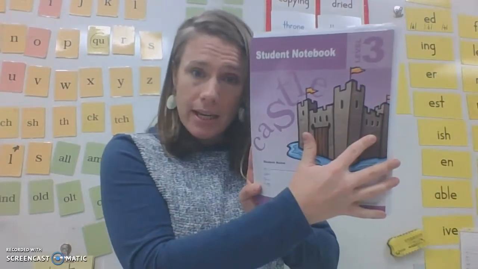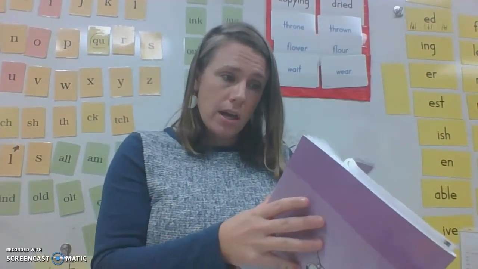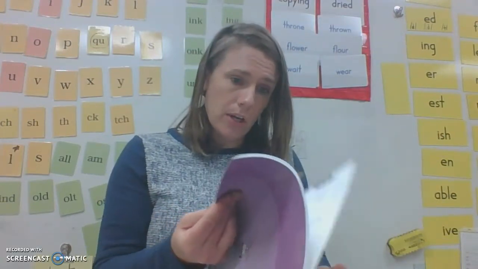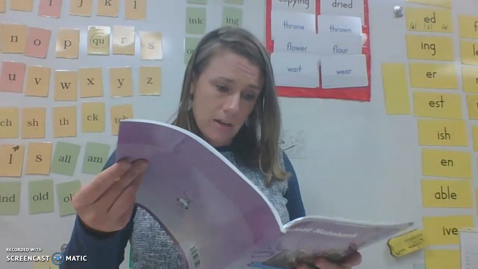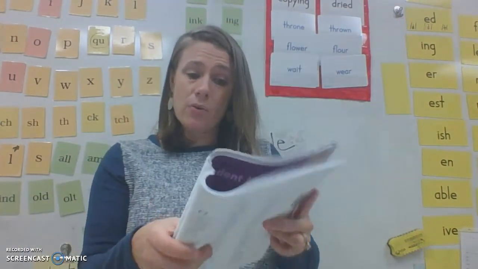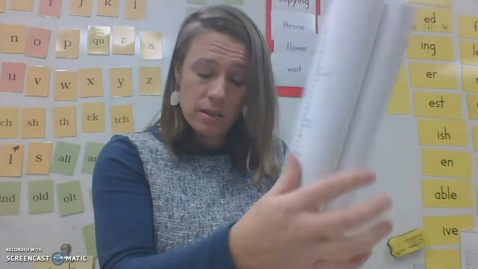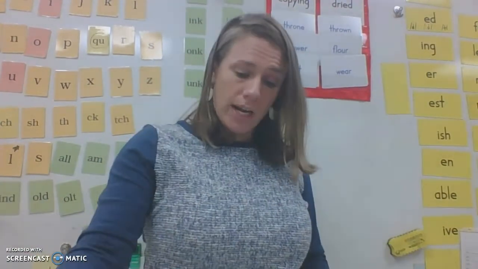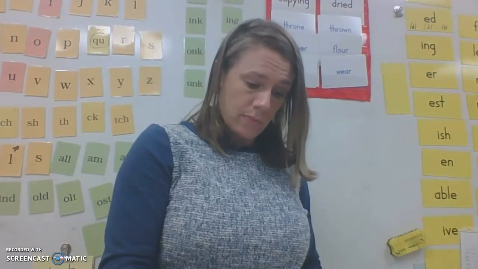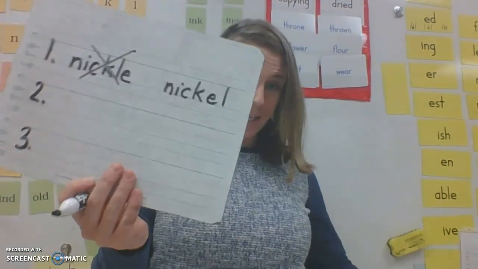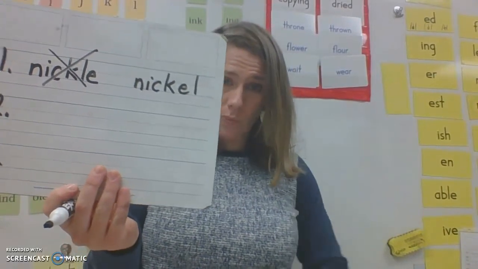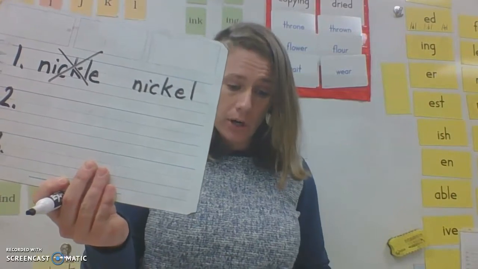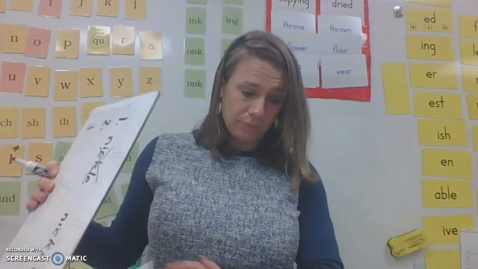And then you should be taking out your notebook and looking in the spelling options part. We know it starts with N-I-C-K, so that definitely helps. And then if you look in there, you will find it. So then you can go ahead and cross off the incorrect one and show us that it is indeed a schwa sound. Now, let's go ahead and mark the word.